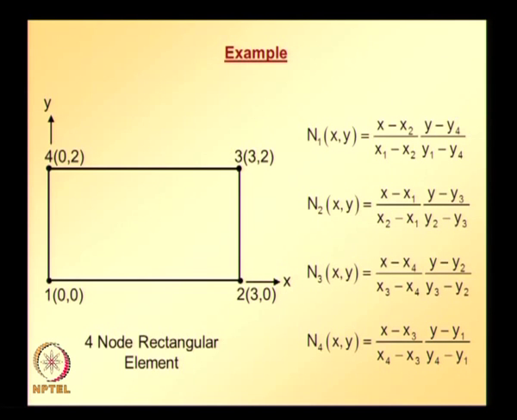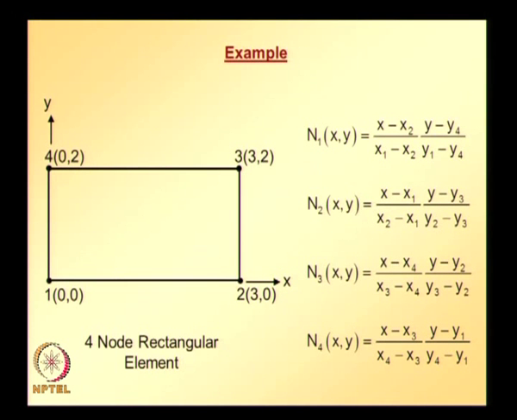So now if somebody is interested in writing shape functions for each of the nodes N1 to N4, we simply need to plug the corresponding coordinate values into these expressions for N1, N2, N3 and N4.